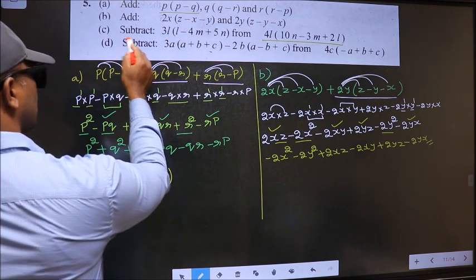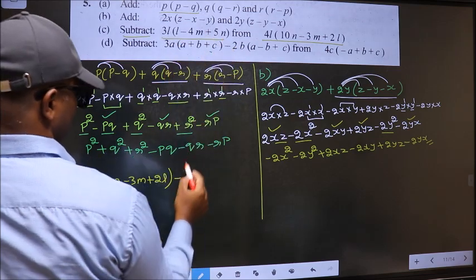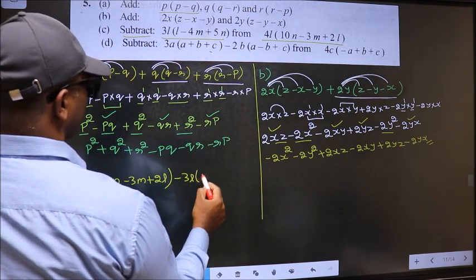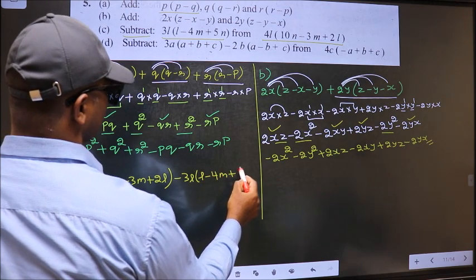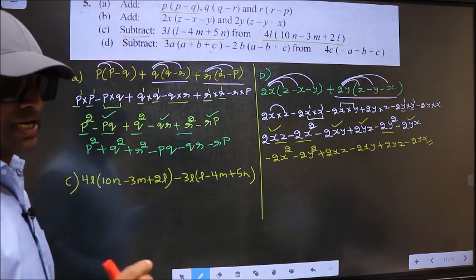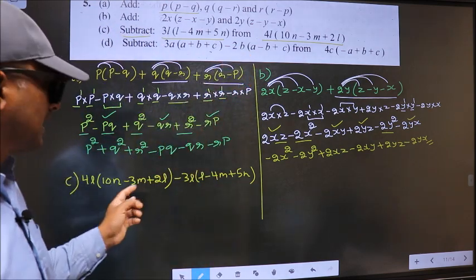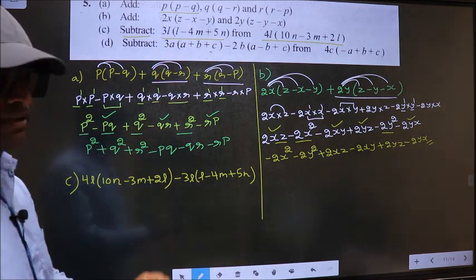They told us to subtract, so negative symbol. Now you should write this, 3L times (L − 4m + 5n). While subtracting, second expression first, minus symbol, first expression.